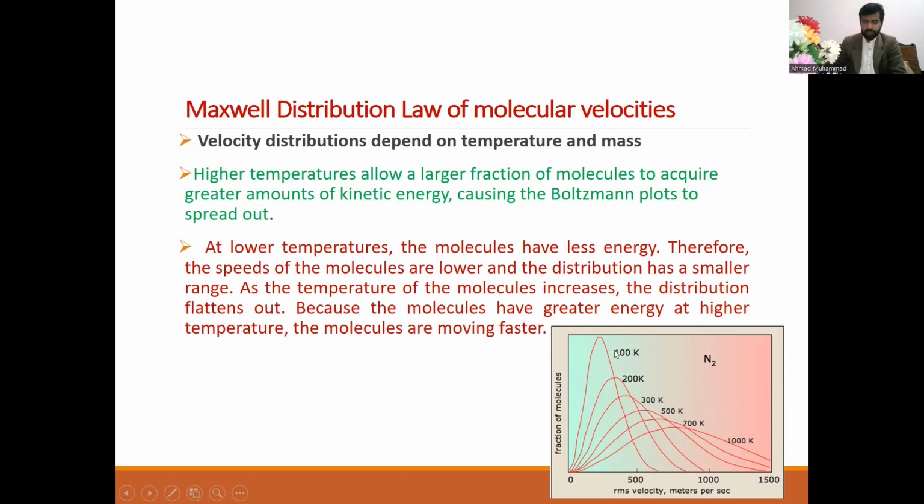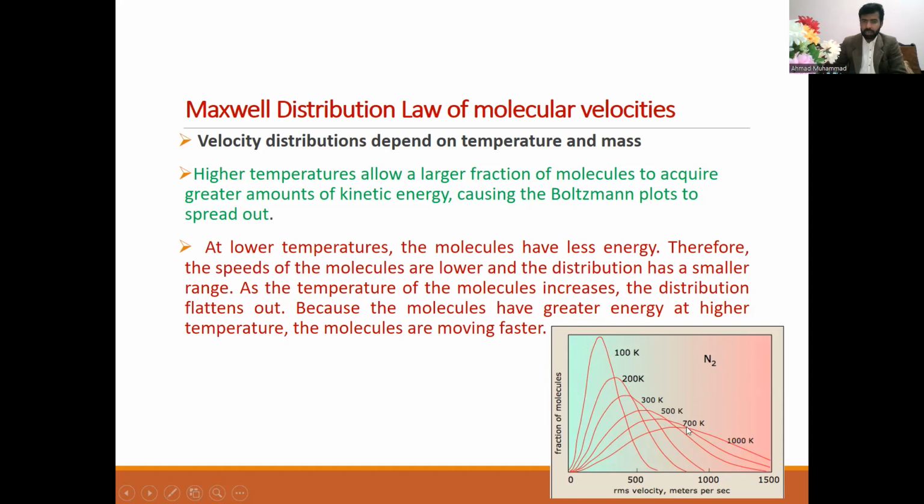So this is a graph at different temperatures, like 100 Kelvin, 200 Kelvin, 300 Kelvin, 500 Kelvin, 700 Kelvin, and 1000 Kelvin for nitrogen gas. The nitrogen gas molecules have such a type of curve at 100 Kelvin, and it is going to be flattened at 200 Kelvin, and more flattened at 300 Kelvin.